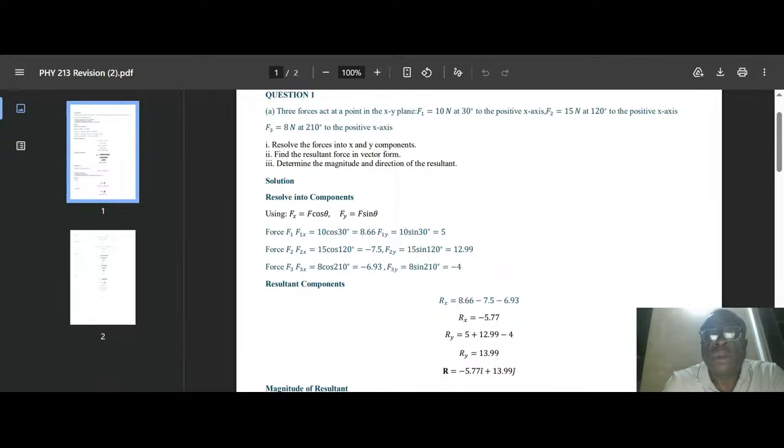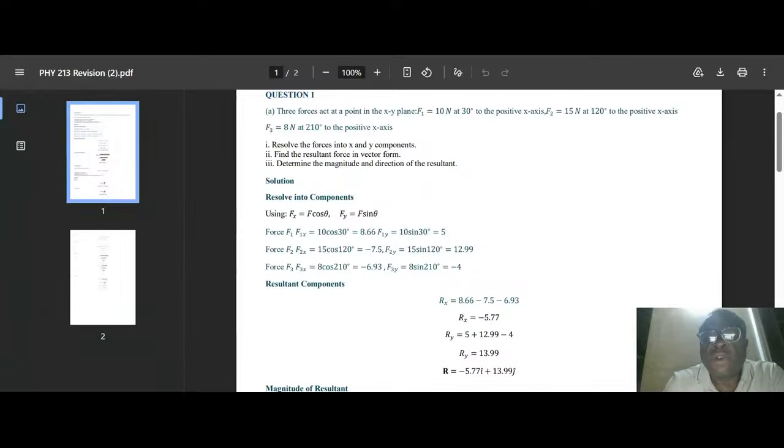So for the y component, we now have 10 sine 30. I explained why, if you are resolving on the y-axis, it is sine. 10 sine 30, and if you get the value of sine 30 multiplied by 10, it gives you 5.